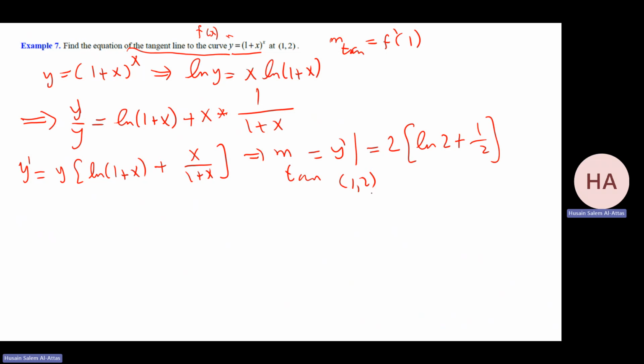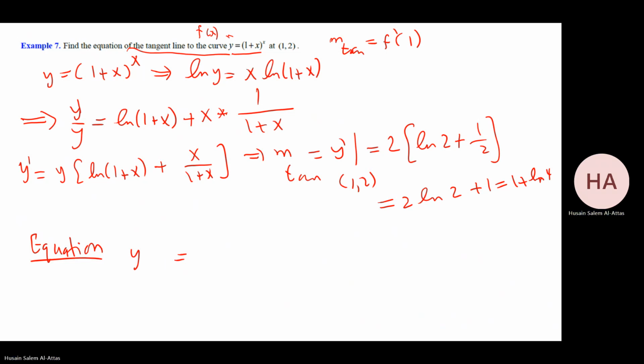So it will be what? 2 times ln 2 plus 1, or 1 plus ln 4. Okay, so it will be the equation: y minus 2, the slope, which is 1 plus ln 4, times x minus 1.